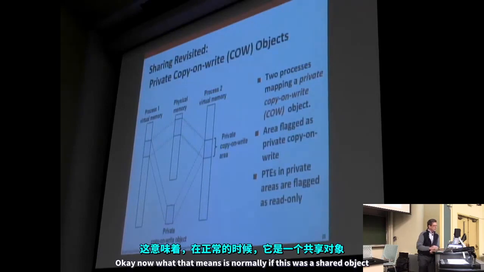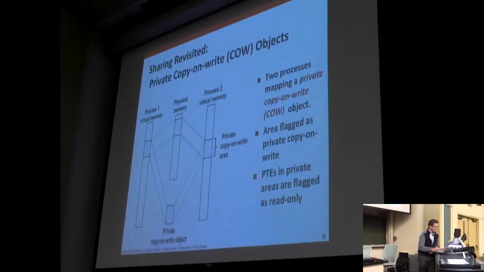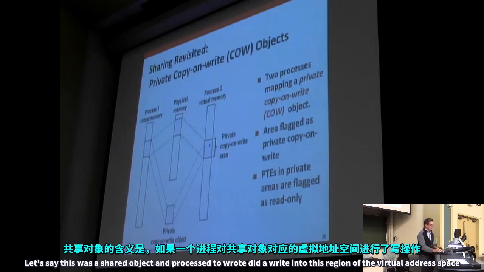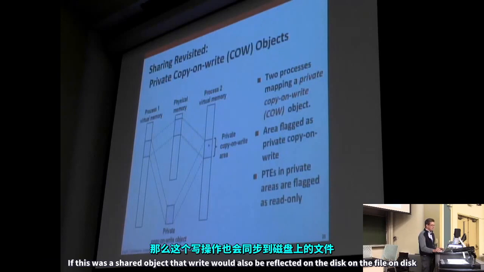Now what that means is, normally, if this was a shared object and process 2 did a write into this region of the virtual address space, that write would also be reflected on the file on disk.